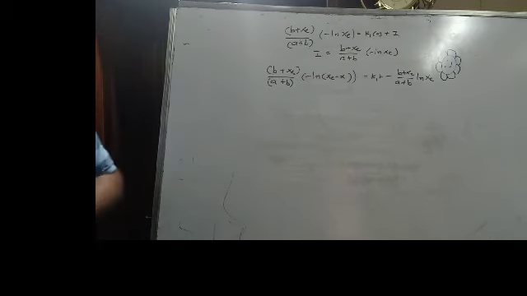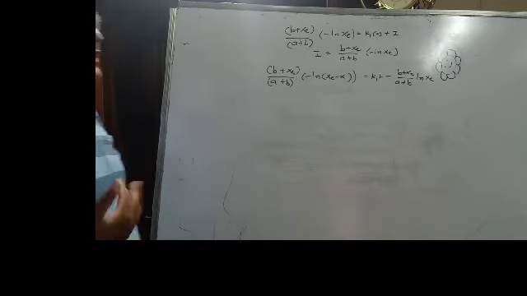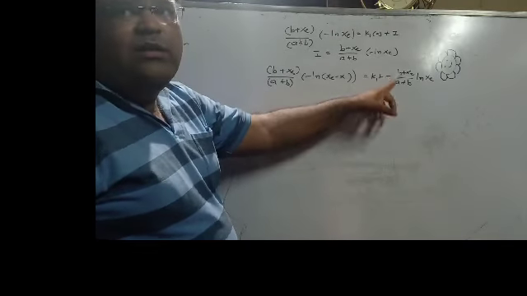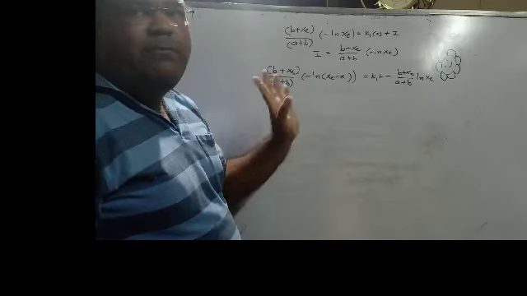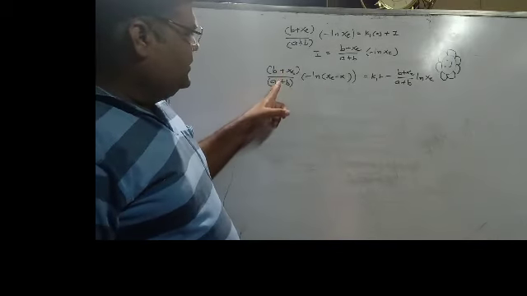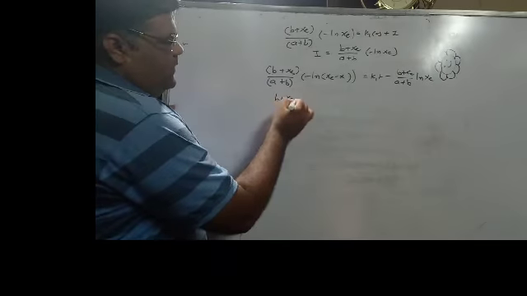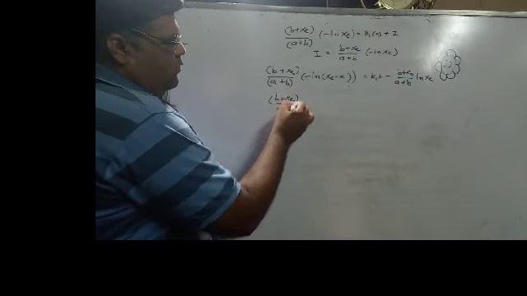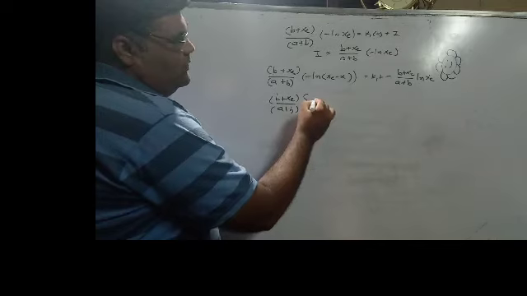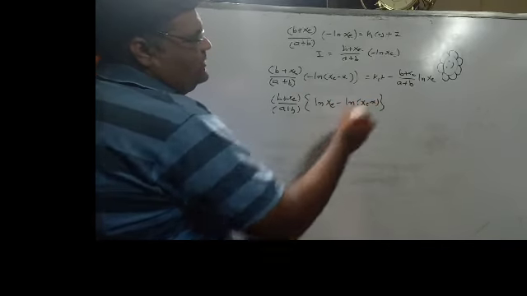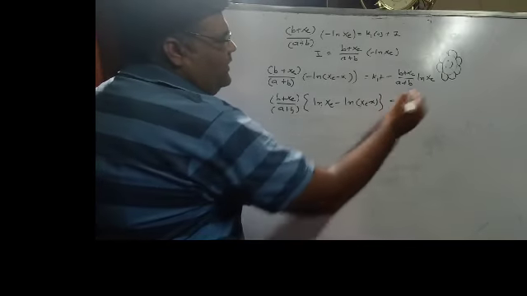Now we will take this negative value of I to the left hand side, where it becomes positive, and (b + xe)/(a + b) will be a common factor. So we will get (b + xe)/(a + b) into ln xe minus ln(xe − x), which equals k1t.